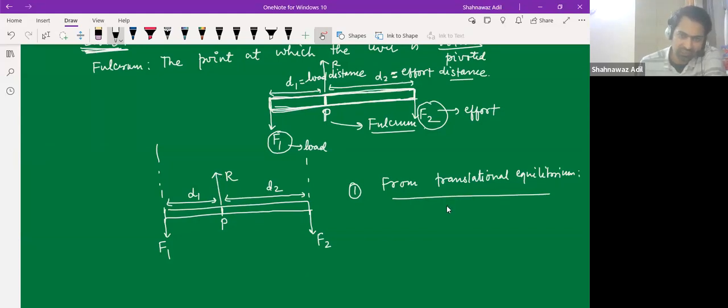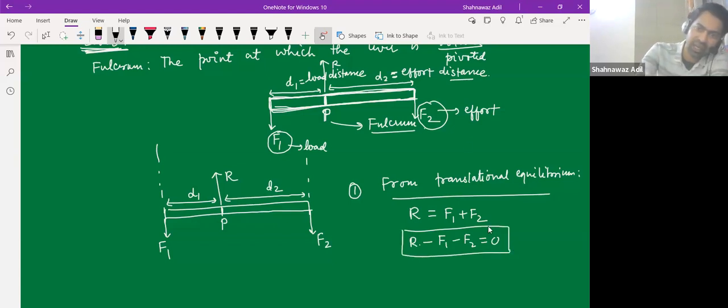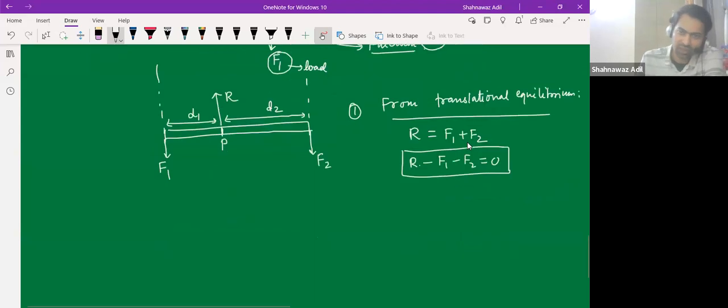So R would be equal to F1 plus F2, right? So R minus F1 minus F2 equals zero. This is the first condition. This will not be used, but there is another equilibrium, right? What is that equilibrium? Rotational equilibrium.